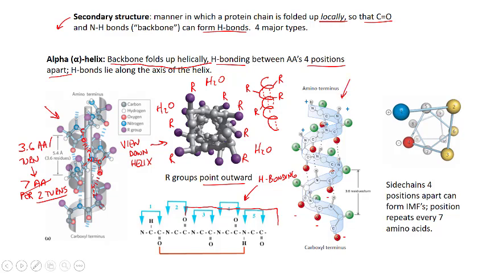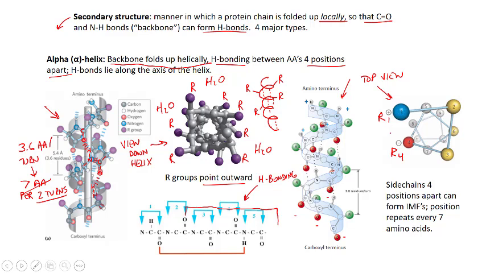This is just a different diagram of the ribbon of an alpha helix. I think it's a somewhat clearer picture. But notice what happens here. When you have 2 separate amino acids that are on adjacent turns, notice that the R groups are relatively close together. This would be a top view of the same thing. So in other words, amino acid 1 is not directly above, but it's fairly close to amino acid 4, right?